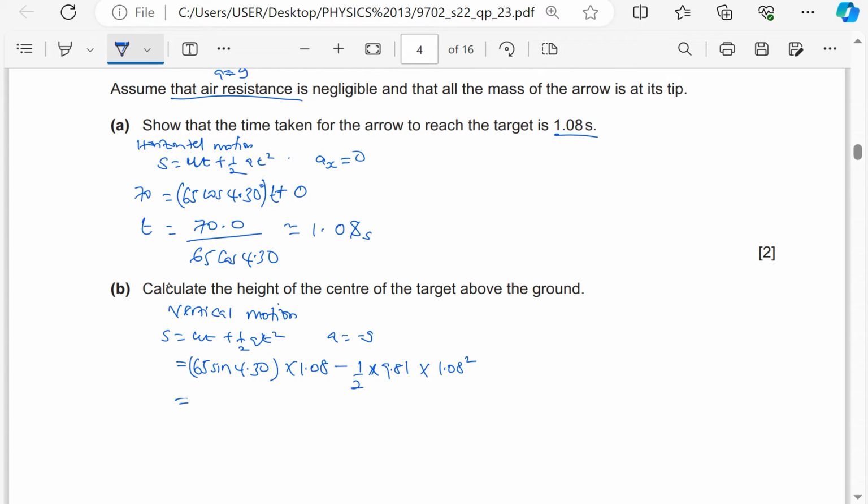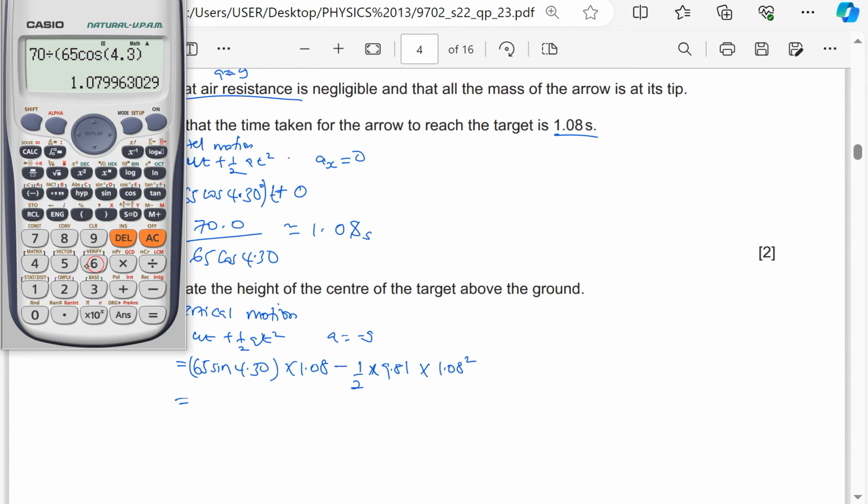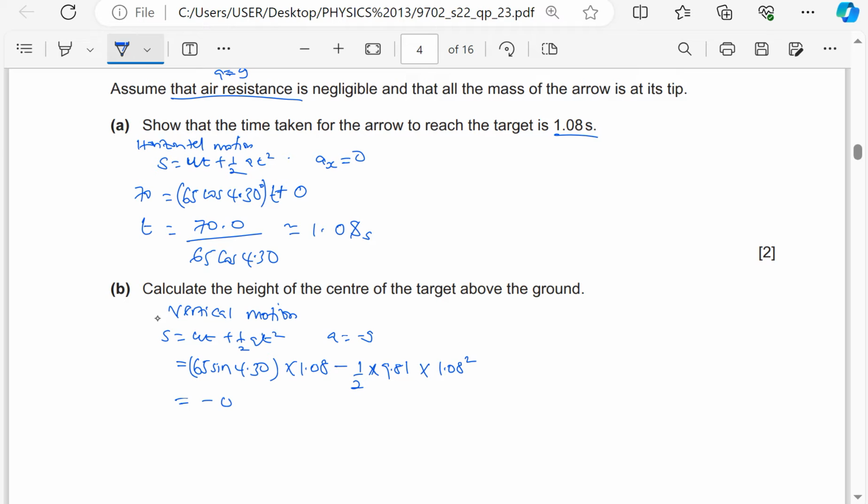So I'm finding the vertical displacement. So S is going to be equal to 65 sine of 4.3, then times 1.08, then minus 0.5 times 9.81 times 1.08 squared, which is negative 0.46 meters.